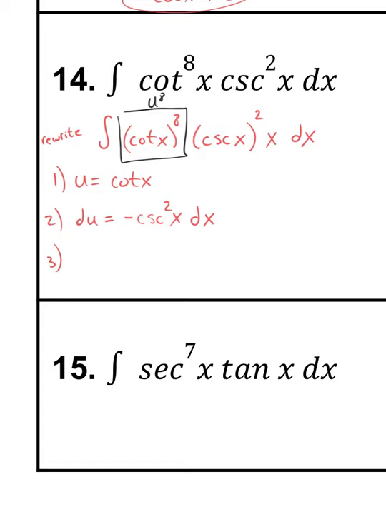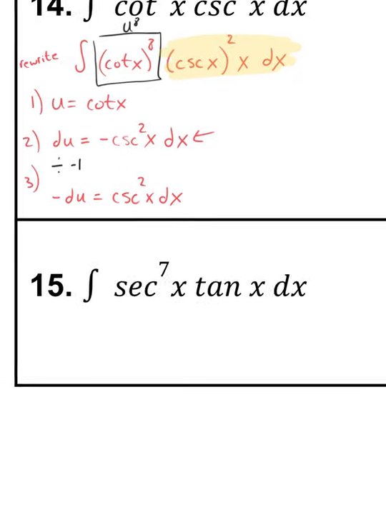What's left? Cosecant squared of x dx is left. That's what has to be by itself right here, but we have a negative cosecant squared of x dx. So our easy adjustment is just to divide through by negative 1. So we have negative du is equal to positive cosecant squared of x dx.